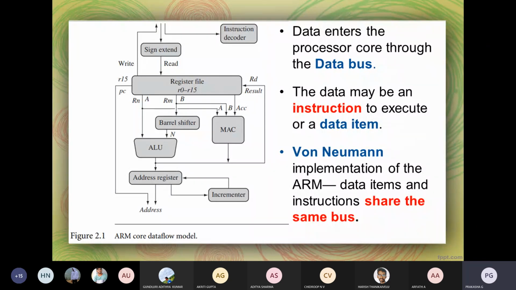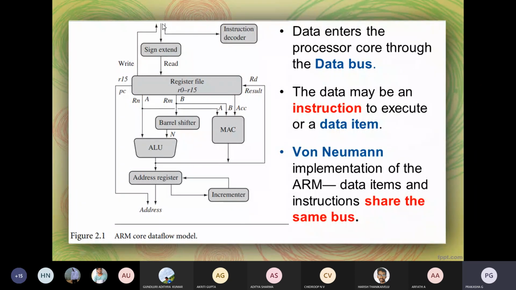Assume an add: you are going to get add A comma B. So add is an instruction, and A comma B are the data. The value present in A has to be added with the value present in B, and the result may be put into some other location. Whatever we get from the memory may be an instruction or data.